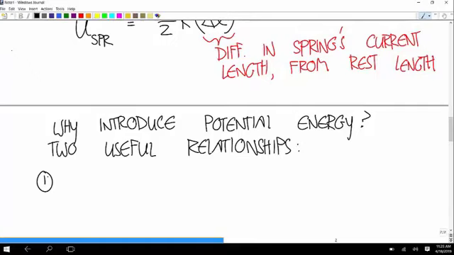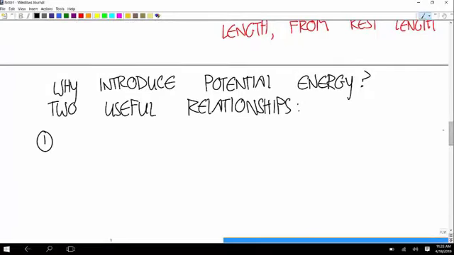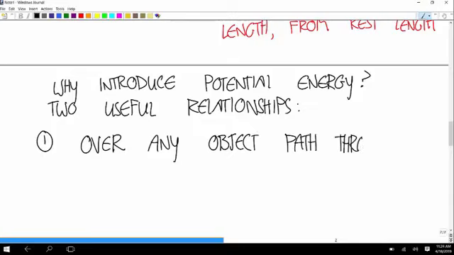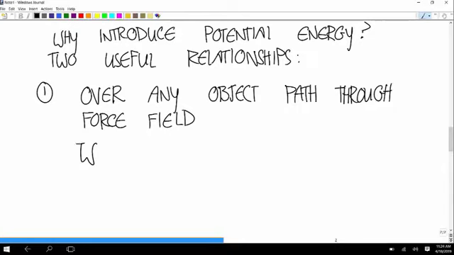The first one is that over any object path through a force field, the work that's done by the force field on the object is equal to the negative change in potential energy.